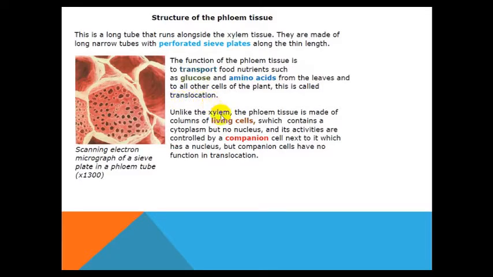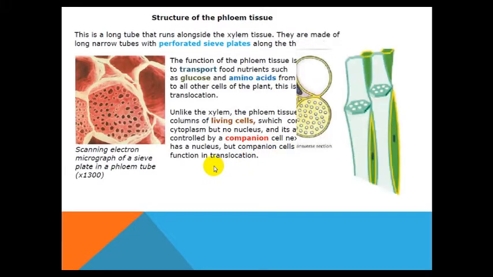Unlike the xylem, the phloem tissues are made up of living cells which contain cytoplasm but no nucleus, and their activities are controlled by the companion cell next to them. Later I will show you the diagram of the phloem tissue together with the companion cell that has the nucleus. However, these cells have no function in translocation.